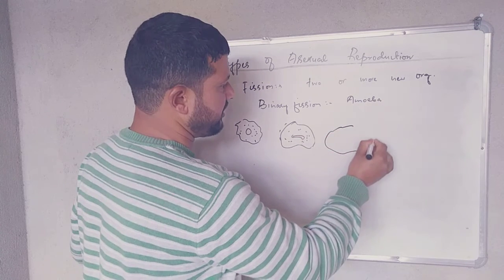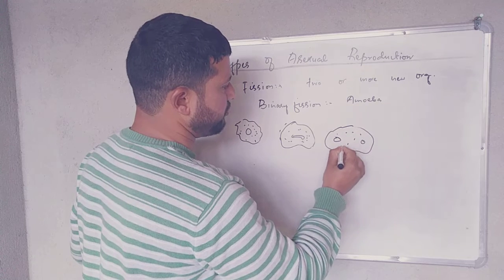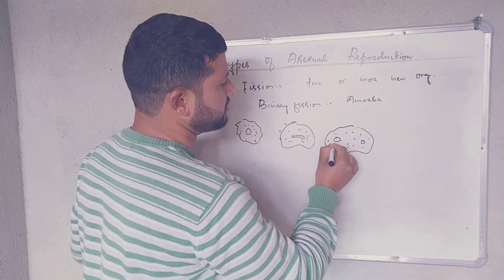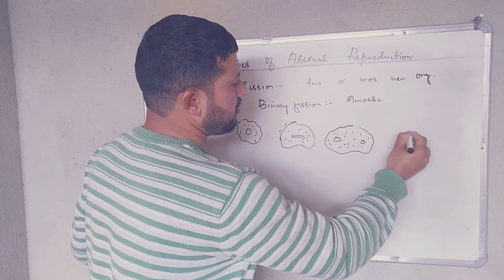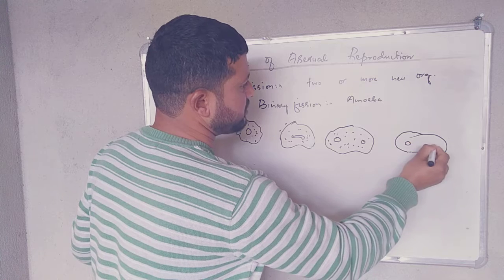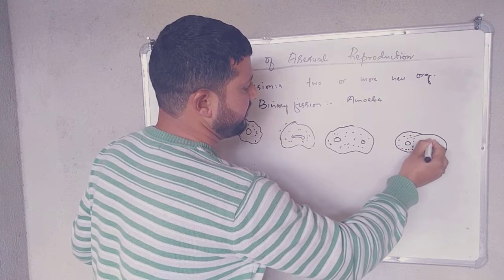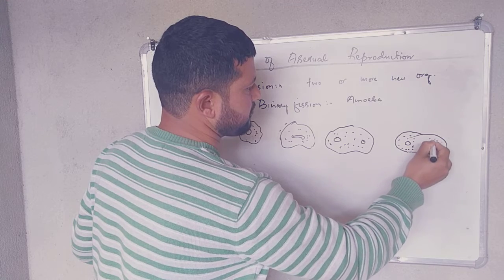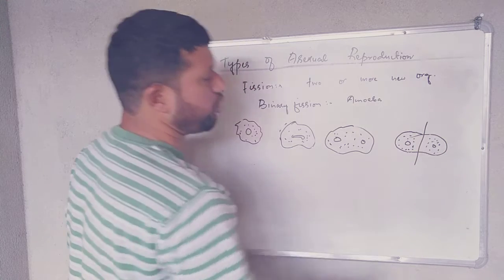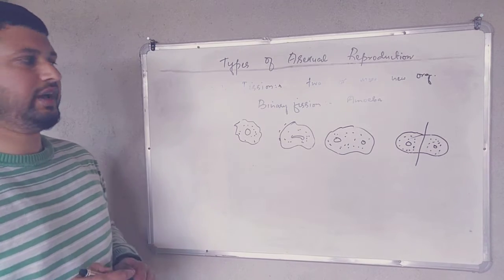I will depict it here like this. It gets divided into two nuclei, and then the cytoplasm of the cell also gets deposited around these two nuclei separately, and then the body splits into two, giving rise to two new amoeba.